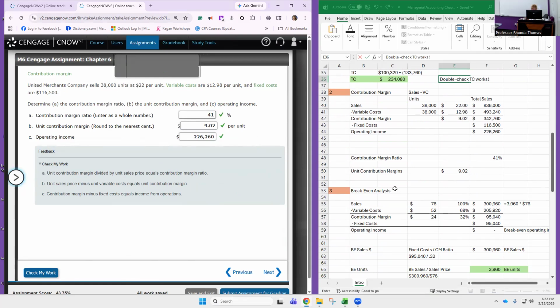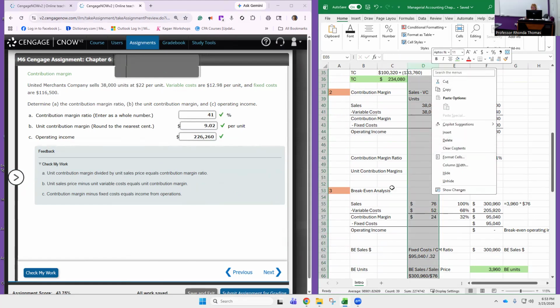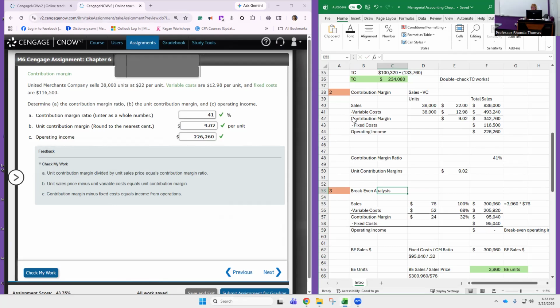Now we're going to look at an income statement a little bit differently than we have before, and I am going to put in something here. So I want you to be able to put down sales minus variable costs equals contribution margin minus fixed costs equals operating income. Okay, so that's all good.